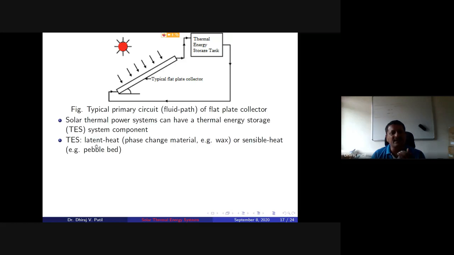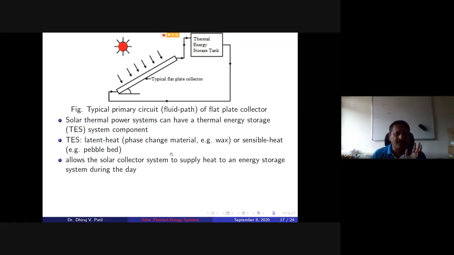We need to do an effectivity analysis, a cost-to-economic ratio analysis, or a performance analysis on how to optimize all this: what should be the area of my flat plate collector, what temperature comes out of it, and what is my requirement. Depending on the requirement, I can design my energy storage, and then choose latent heat or sensible heat.